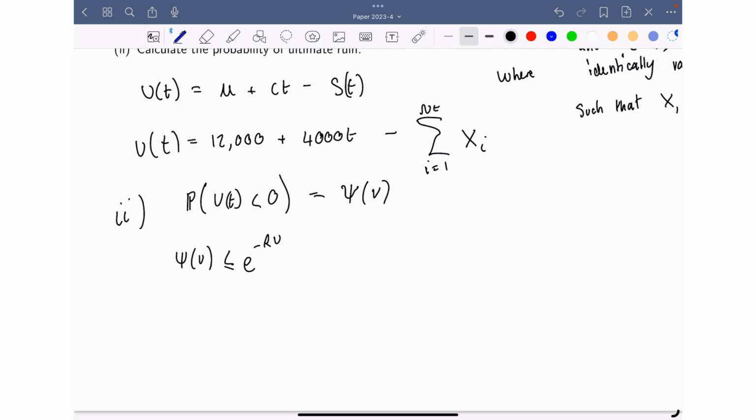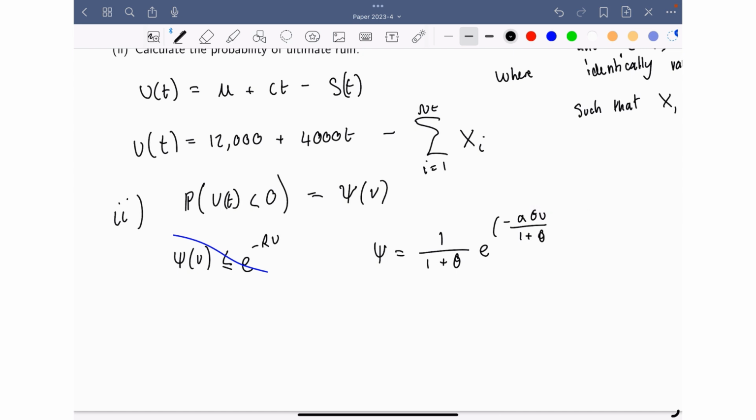So we're going to leave this to the side, and in our notes there's a formula such that if X1 here is exponentially distributed, then we can calculate the ultimate ruin probability with the premium loading factor of 1 over 1 plus theta, e to the minus alpha theta u over this.